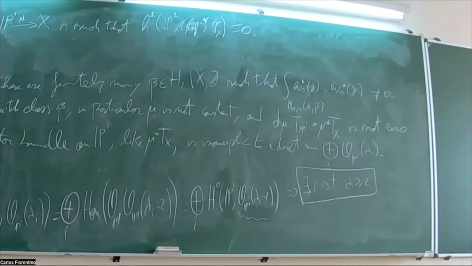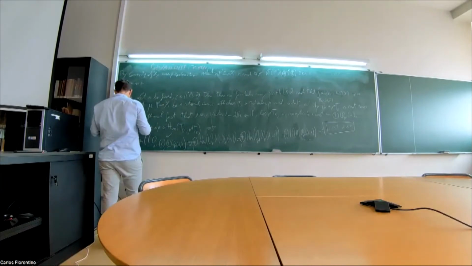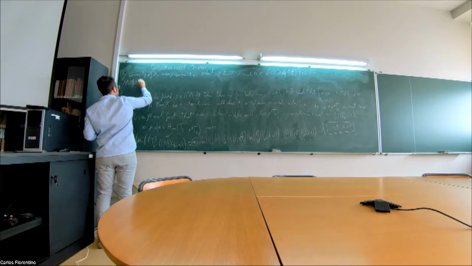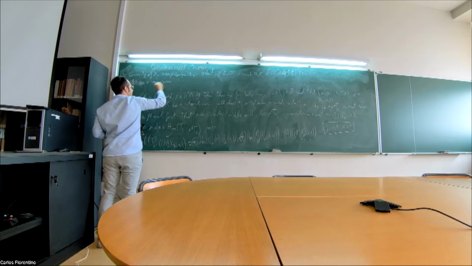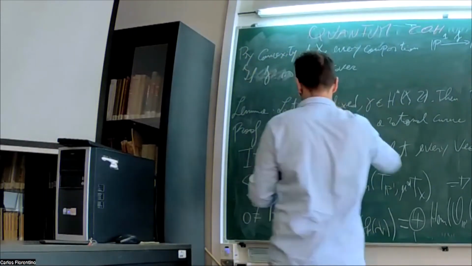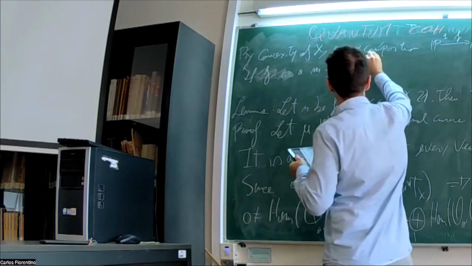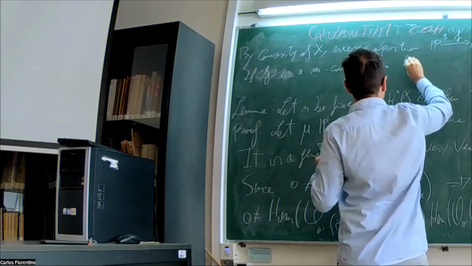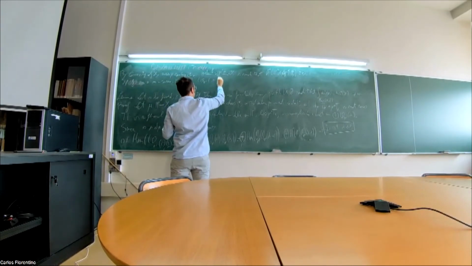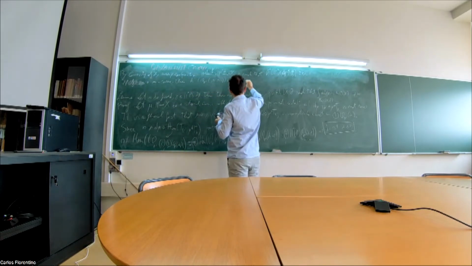If F is an m-cover (in my notes I wrote n, but it's not the same n as this n, so I'm going to use another letter), then H1 of P1 with O(alpha_i) equals 0 for each alpha.